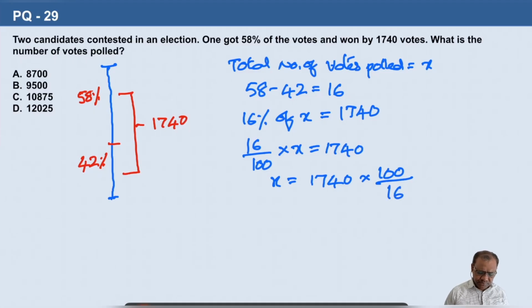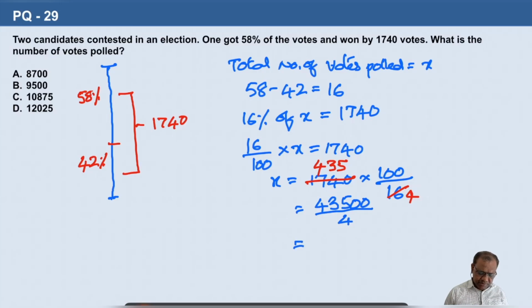Simplify. 4 fours are 16. 1 and 4 is 14. 4 threes are 12, 2 remains. 2 and 0 makes 20, 4 fives are 20. So what is remaining here? 435 multiplied by 100, add 2 zeros, divided by 4.